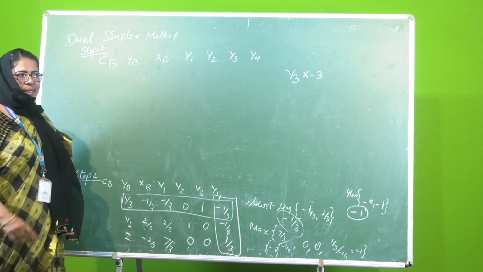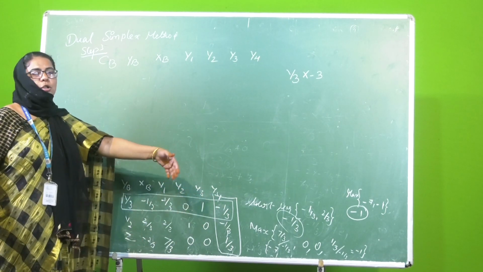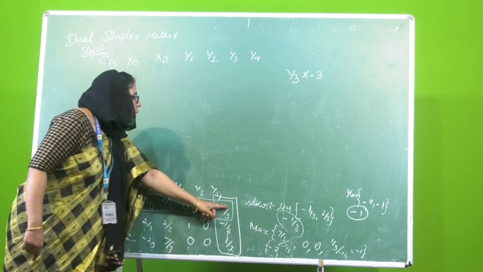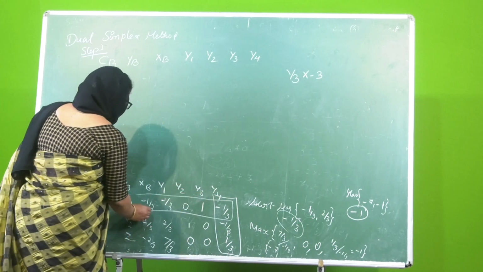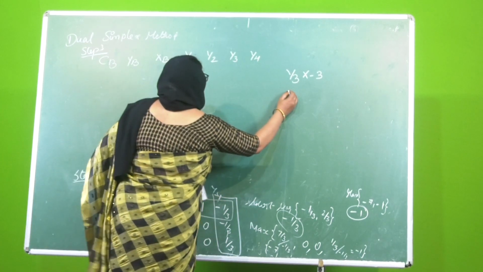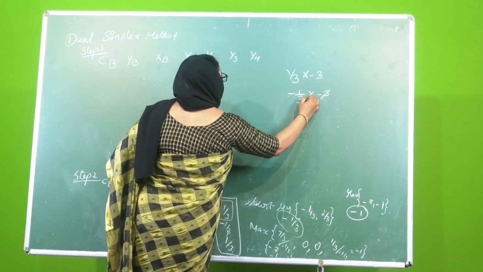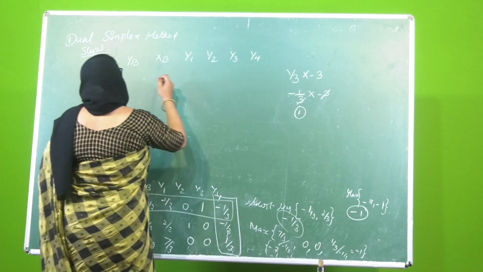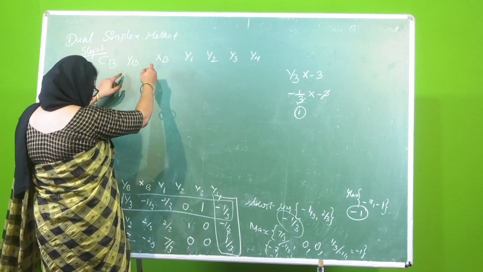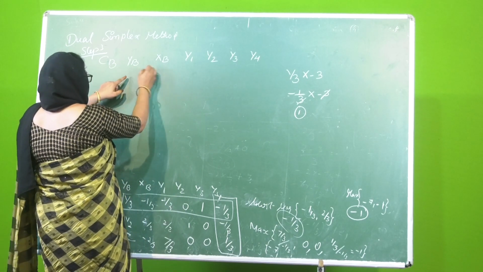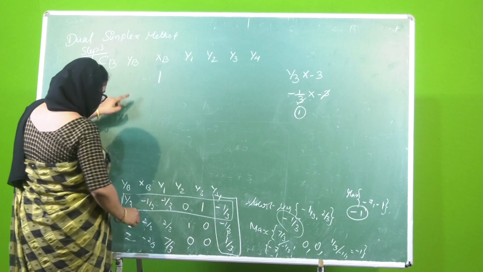Minus into minus is plus, and the 3 gets cancelled. So in the first element, -1 by 3 into -3, the xb value is 1.